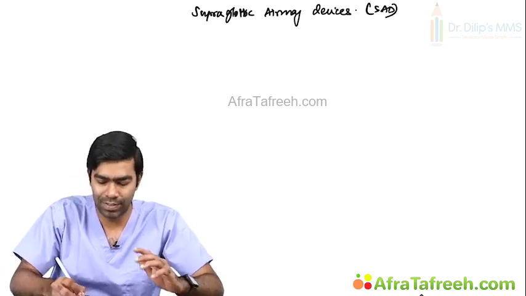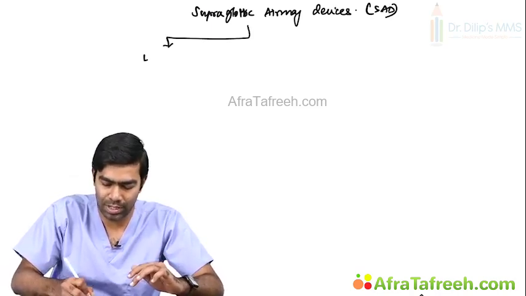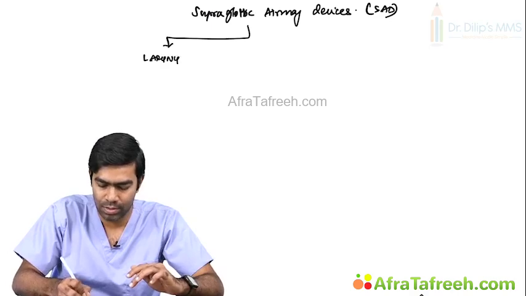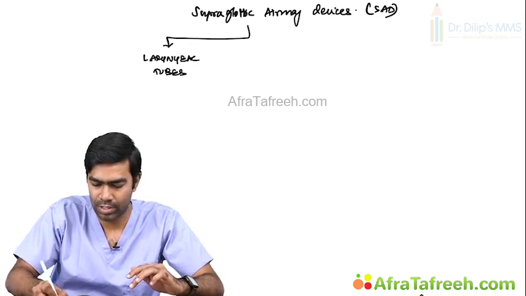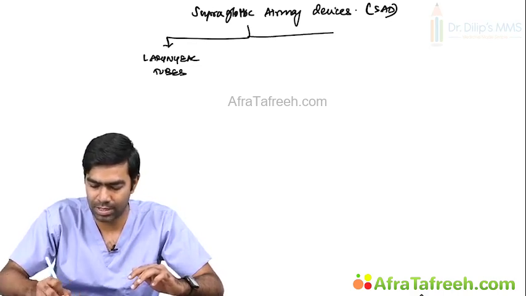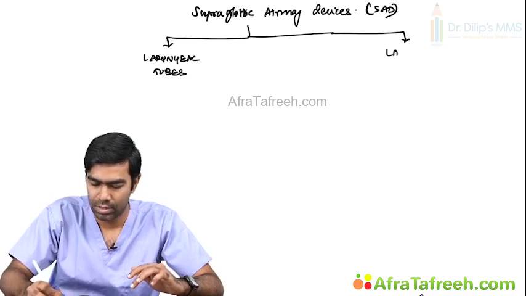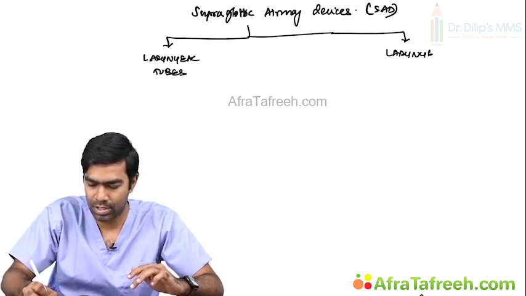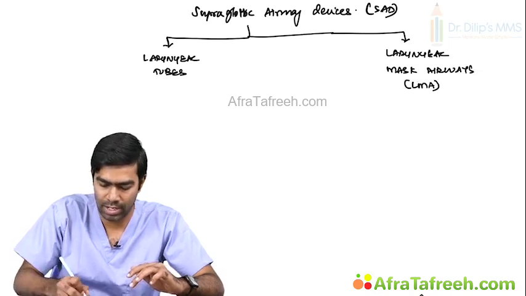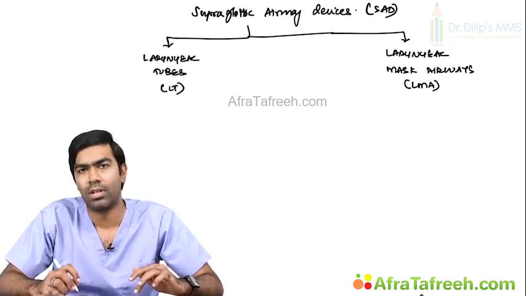The first type is what we refer to as laryngeal tubes, and the second type we call laryngeal mask airways. So let me write laryngeal mask airways. Hereafter we will use the common terms LMAs or LTs, laryngeal tubes.